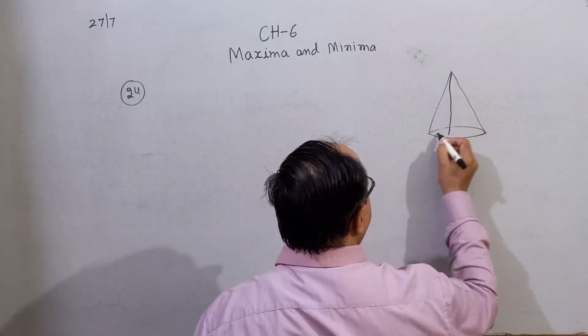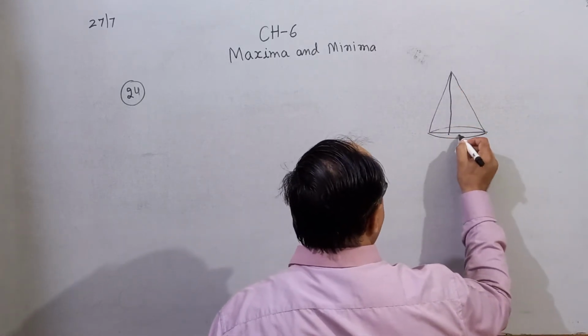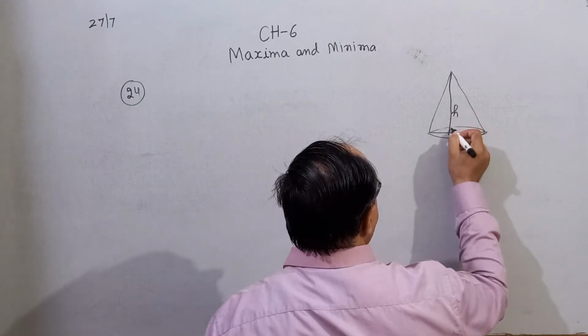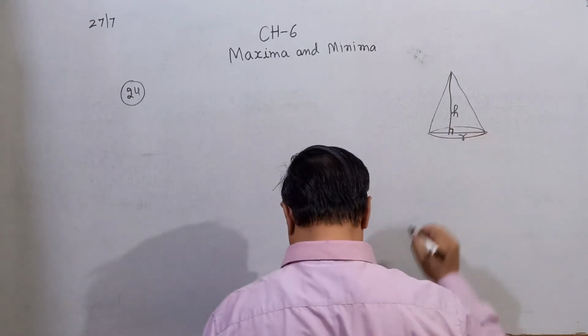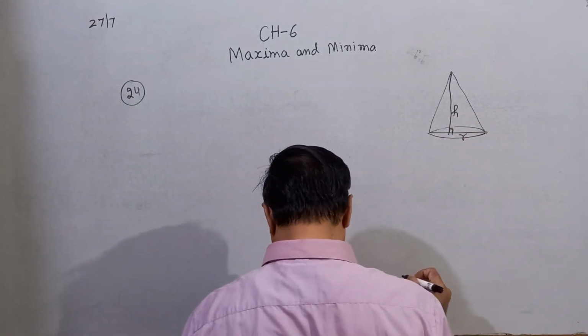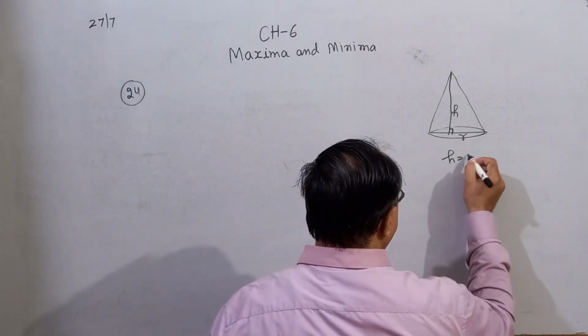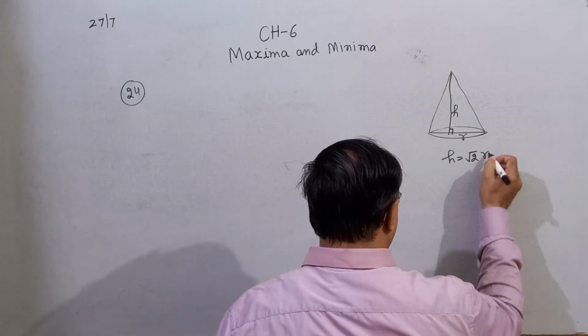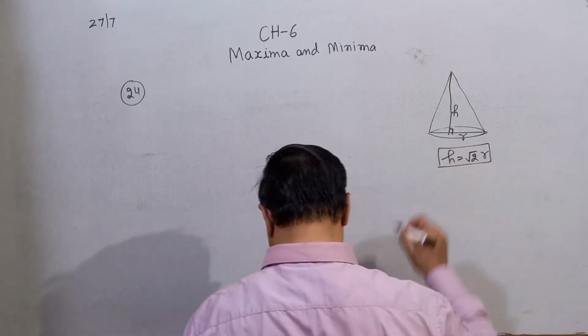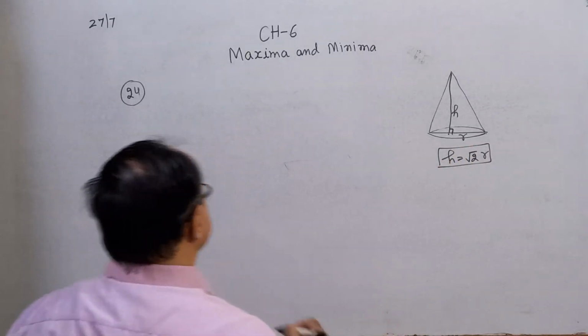In this cone, this is radius, this is height and this is L, slant height, and we want to prove that the volume is maximum when the height is equal to root 2 times of its radius.